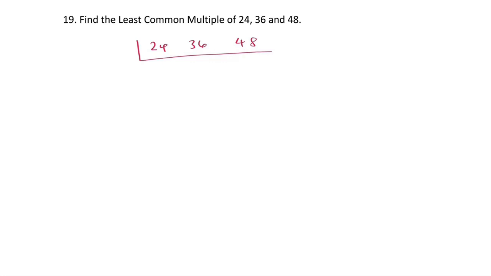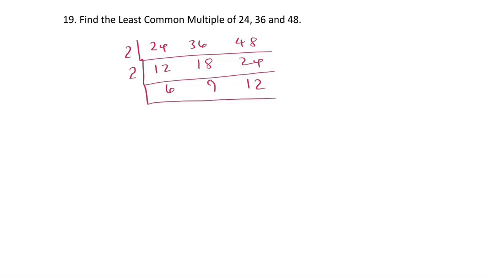So our number is 2, so we have 2 here. We say 24 divided by 2 is 12, and here is 18, and here is 24. Okay, so next we are going to still use number 2 to divide these numbers. So here the value is going to be 6, and here is going to be 9, and here is going to be 12.